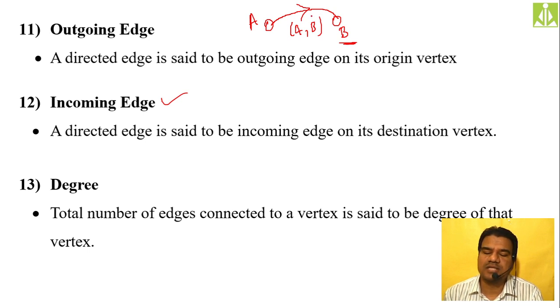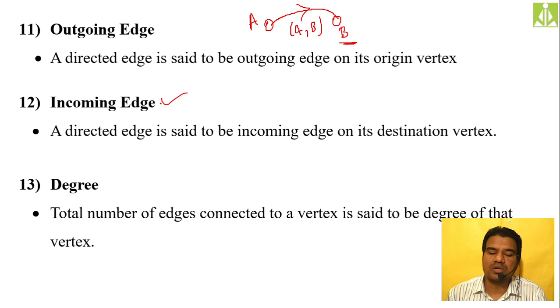The same edge AB is coming out of A, so we call it an outgoing edge, whereas it is entering into B, so we call it an incoming edge to vertex B. AB is an outgoing edge to vertex A, and AB is an incoming edge to vertex B. Like this you remember.